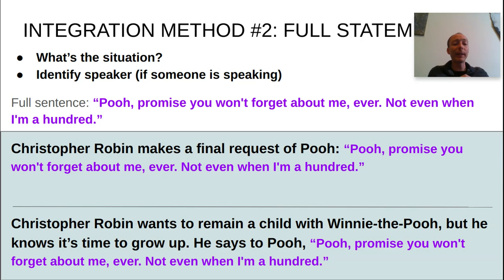So I'm just going to put a period there and then do a quick little speaker tag right before it. It's just a little too weighty on the context part. So I just do a quick speaker tag afterwards in a new sentence and then move in. So if you find that it's getting too heavy for that full statement integration, go ahead and put a period there. Just use a quick speaker tag and then you're off.